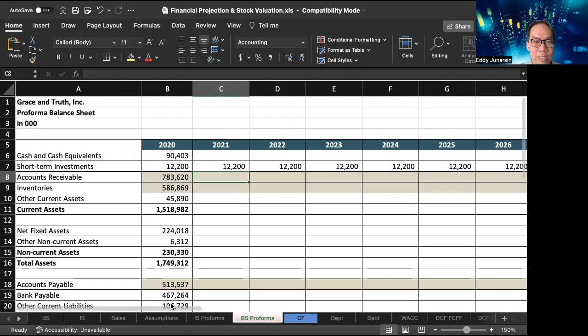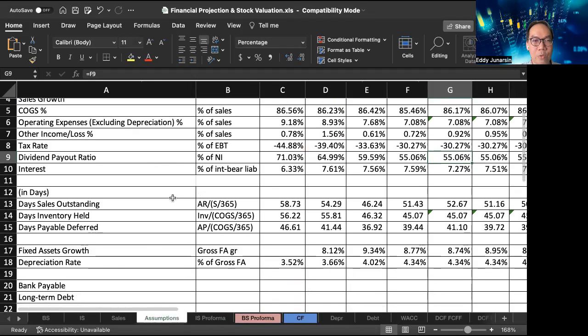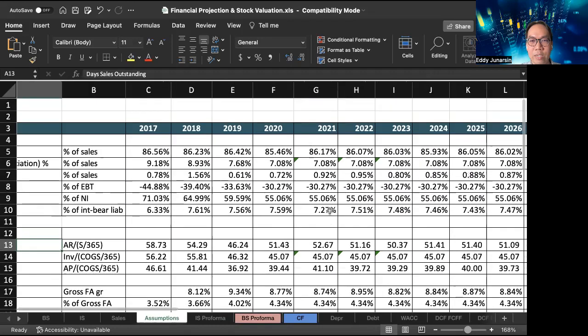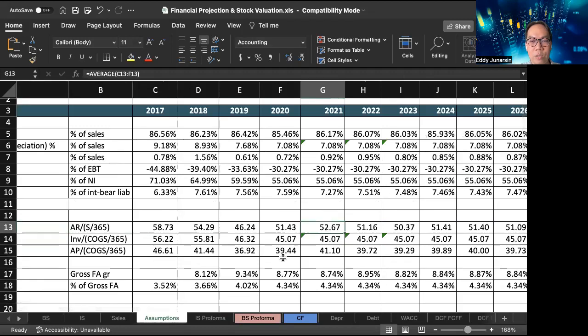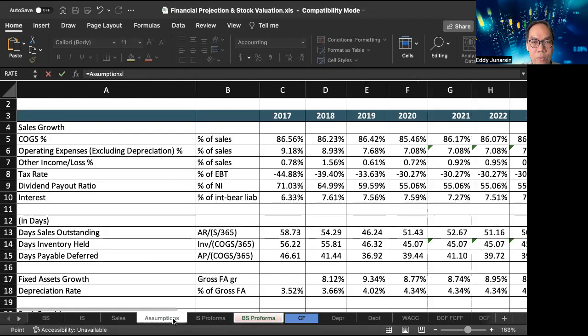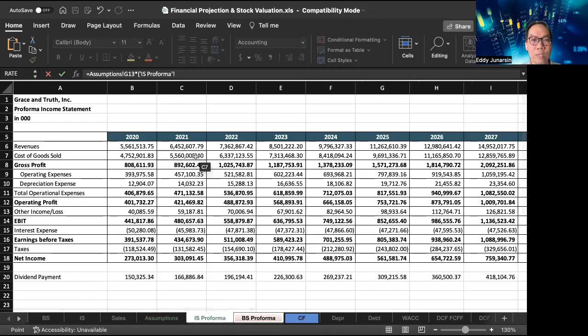Accounts receivable, I think we got the assumptions. Remember, we do it here, accounts receivable, using the day sales outstanding. So we got the day sales outstanding projected for the next 10 years from 2021 here. So just do quickly here. For 2021, it should be then the ratio, day sales outstanding projected for 2021 multiplied by the daily sales in 2021.